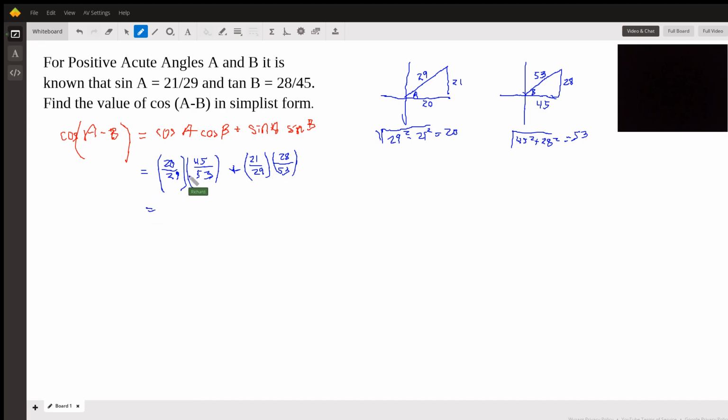We're just going to use the calculator, multiply 20 by 45. You're going to get 900. And on the bottom, 29 times 53 is 1537, plus, and then 21 times 28 is going to be 588.